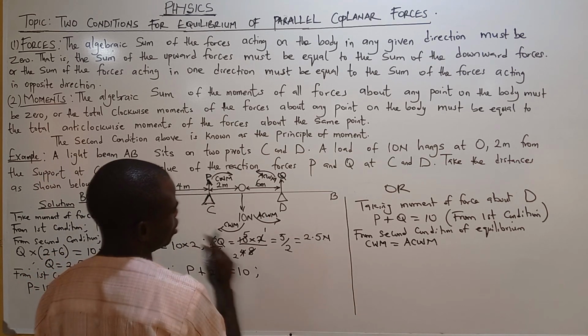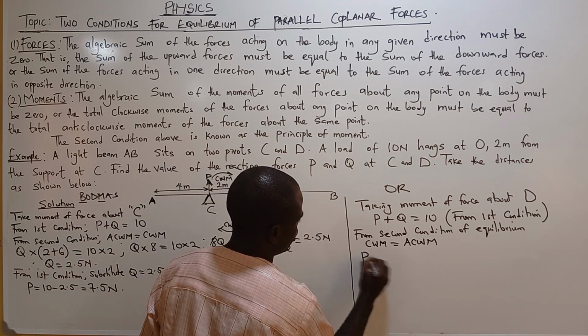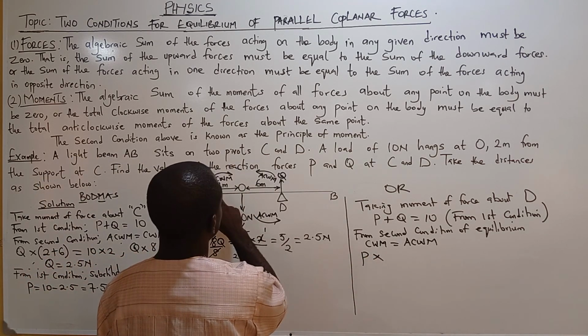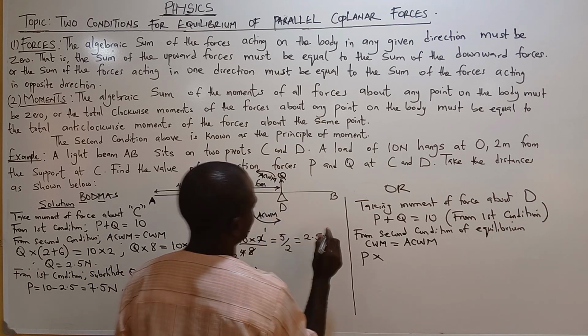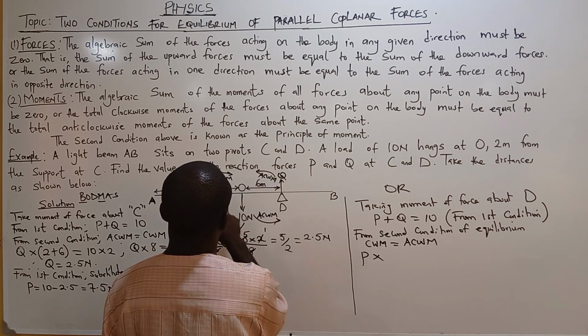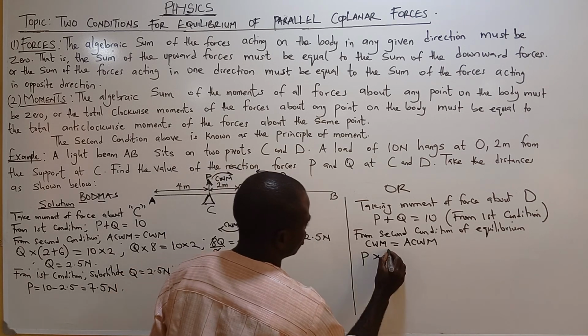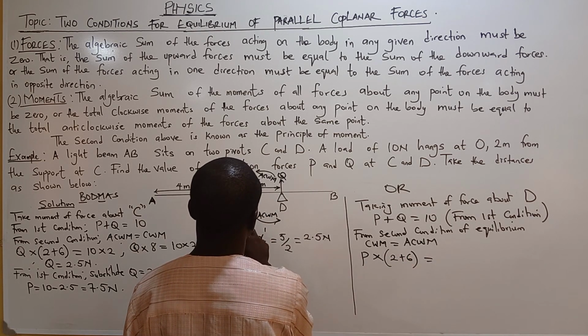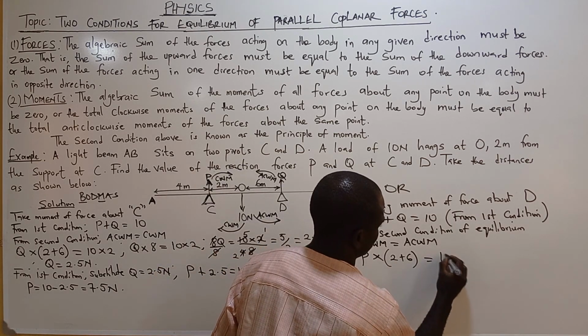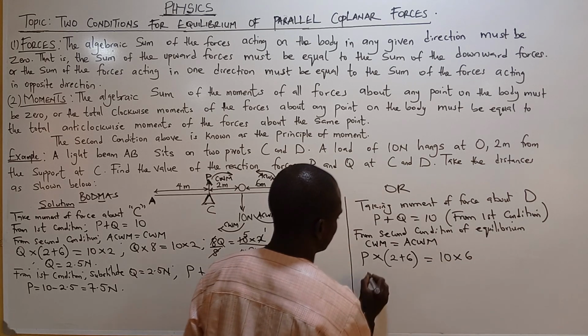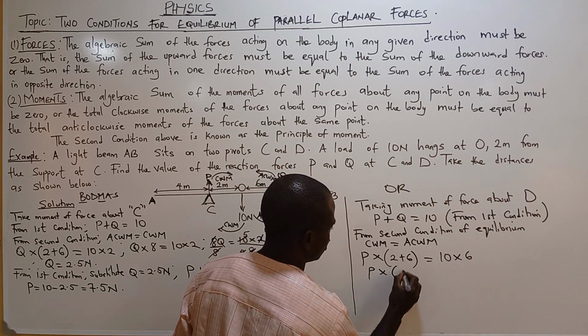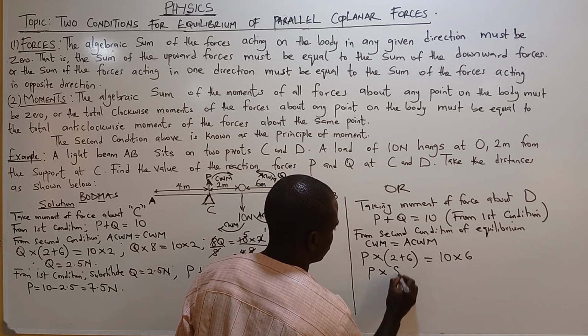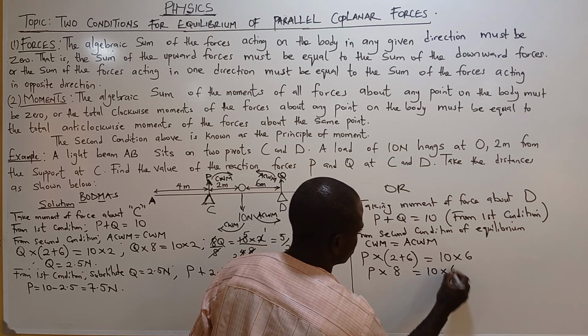Clockwise moment is P, which is the force, times the distance from P to D, which is 2 plus 6. Anticlockwise is 10 times 6. P times 8 equals 10 times 6.